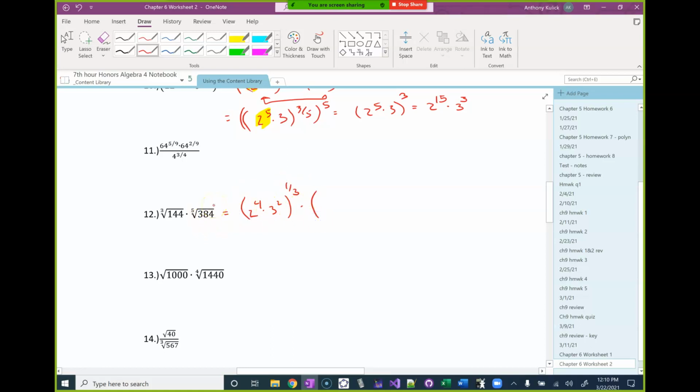And then 384, what is that? That's 4 times, no, that's 2 and 192, and that's 2 and 96, so that's 2 and 81, so it's 2 squared times 3 to the 4th, I think.